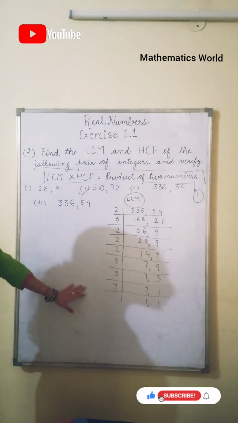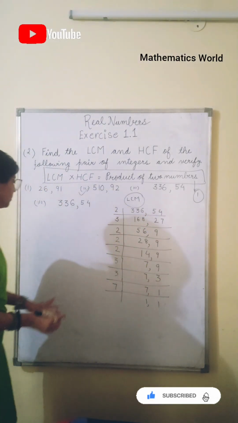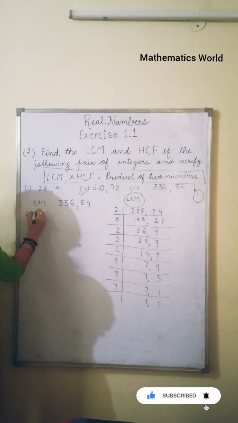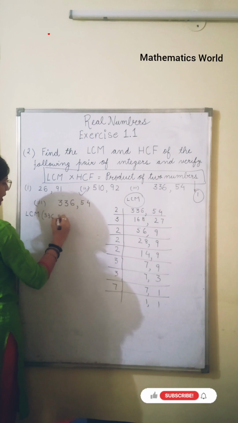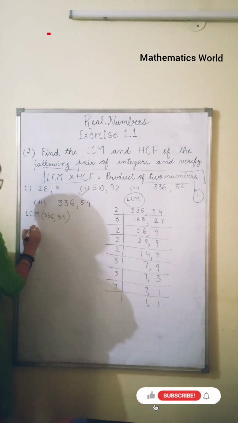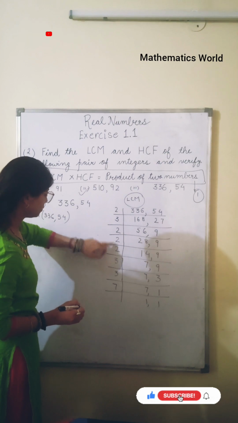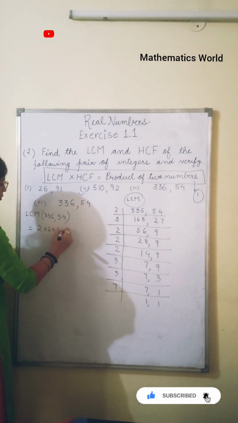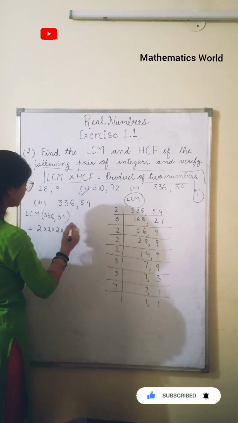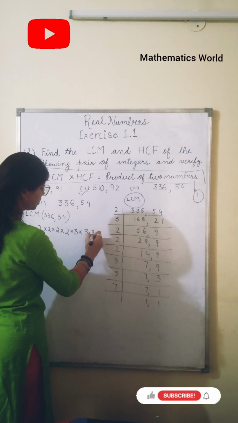So this is the prime factorization of both these numbers together. So let us find its LCM. The LCM of 336 and 54 comes out to be 2 into 2 into 2 into 2, 4 times 2, and 3 into 3 into 3, into 7.